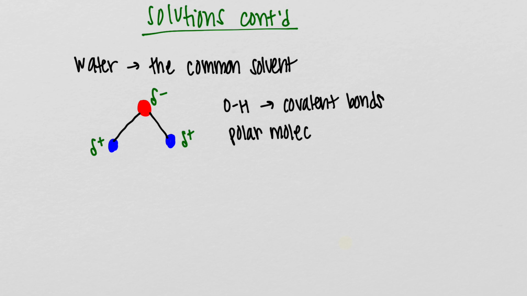So polar means there's different numbers of charges for negative and positive. Non-polar means there's an equal distribution of charges. And because it's a polar molecule, this allows water to dissolve other compounds.